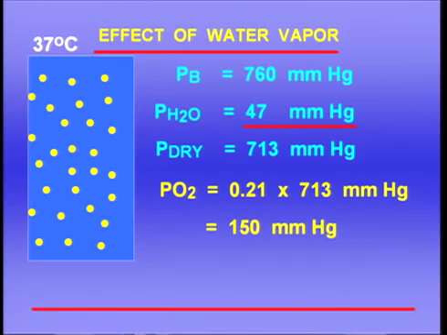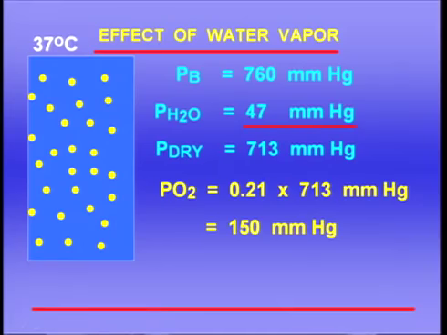You go to the summit of Mount Everest where the barometric pressure is much less, but the partial pressure of water vapor at 37 degrees Celsius is still 47. That's very important. As a matter of fact, if you increase the temperature to 100 degrees Celsius, then the water vapor pressure is 760. And that is the reason why water boils at that temperature of 100 degrees Celsius.